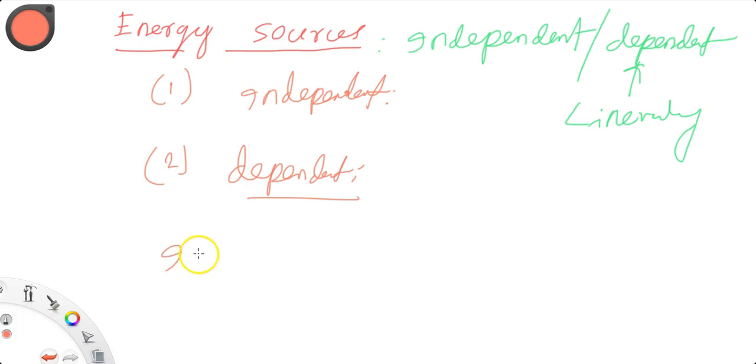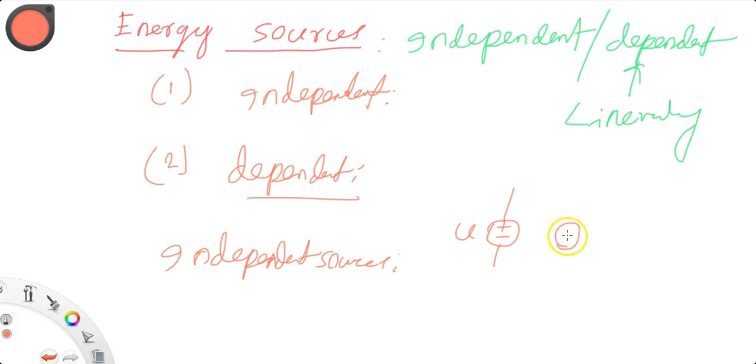Typical independent sources are written as a circle with either V or I. Both can be either AC or DC. But when you have a source like this, it indicates an ideal battery. So they are represented like this.